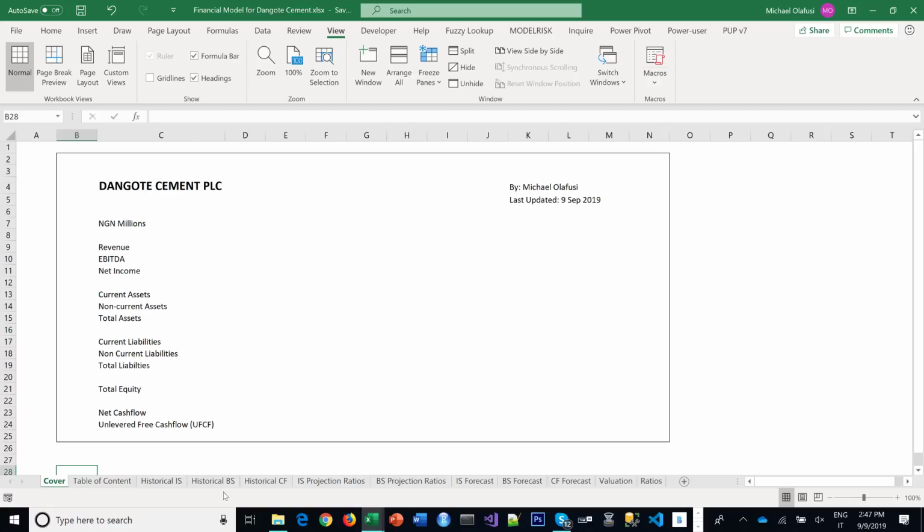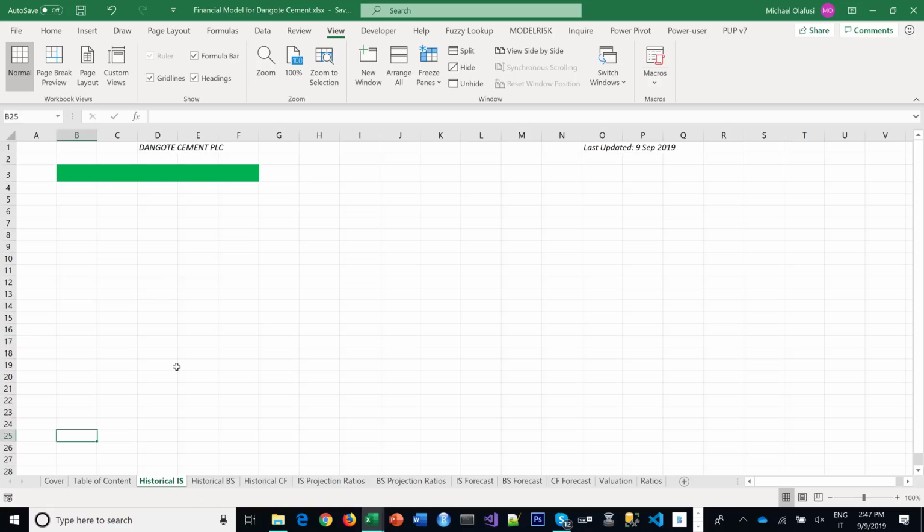Now I move to the historical income statement. Usually for any company you are modeling, a company that exists before now, you will have a historical income statement. So you just copy that and paste in here.